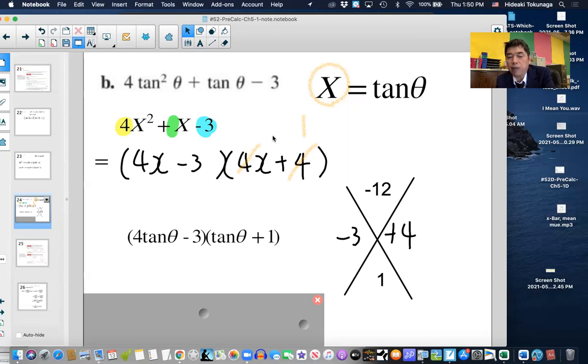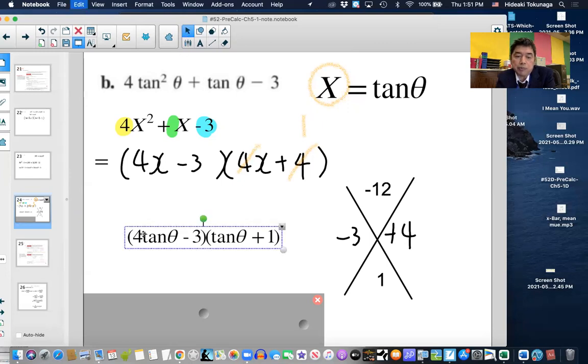So you have to factor it. You plug in 4X plus 4 here and 4X minus 3 here. But its common factor is 4, so you change it to 1. So 4X minus 3 and X plus 1.